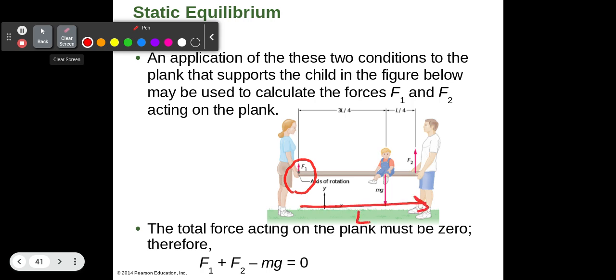Okay, so the length from the axis of rotation would be L. So the torque is going to be F2 times L. The kid is just sitting 3/4 of the way from the axis of rotation. So he's going mg times 3/4 the length of the plank. And if you notice, he's being subtracted there because that force is acting downward. It's acting clockwise, whereas the other one is acting counterclockwise.